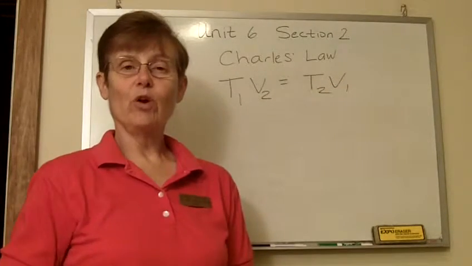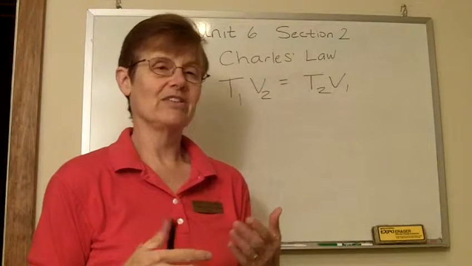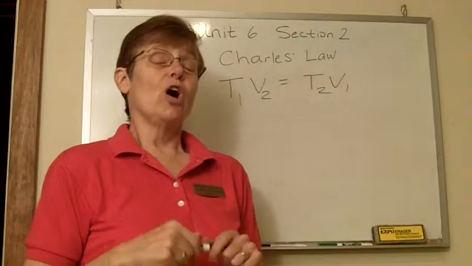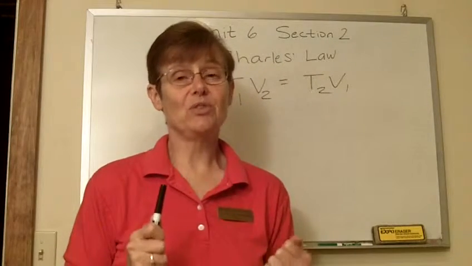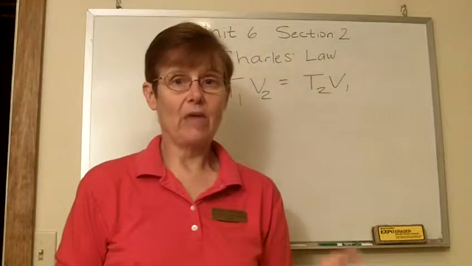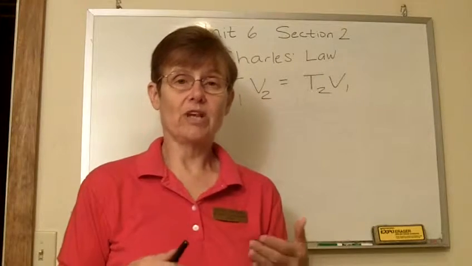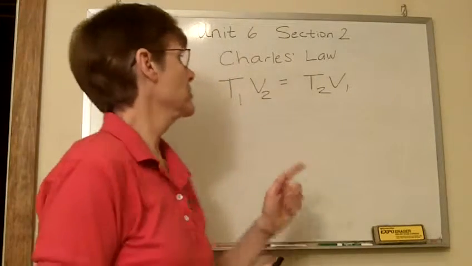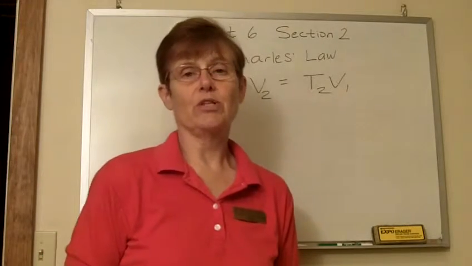So once we have our formula, then we can start plugging things in and looking at how this is going to work. So another thing that you need to know about this formula, though, is that we have to use kelvins. Now remember when we were talking about Boyle's law, I said it doesn't matter what units you use for pressure and volume, as long as they're the same on both sides of the equation. And that's going to be true here for units of volume. It doesn't matter what you use as long as it's the same on both sides.